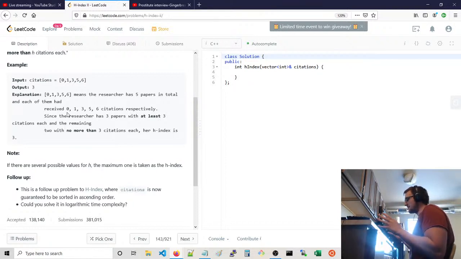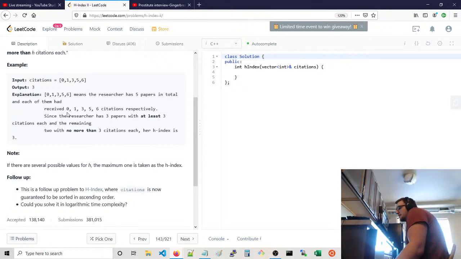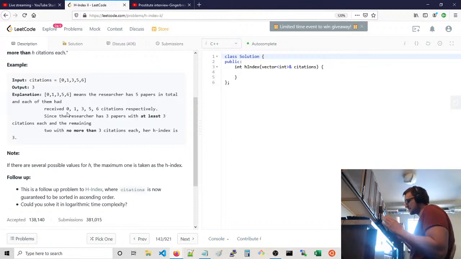It's sort of a modified counting sort. Then you can walk from back to front to get the cumulative amount of how many papers have at least as many citations at each index.